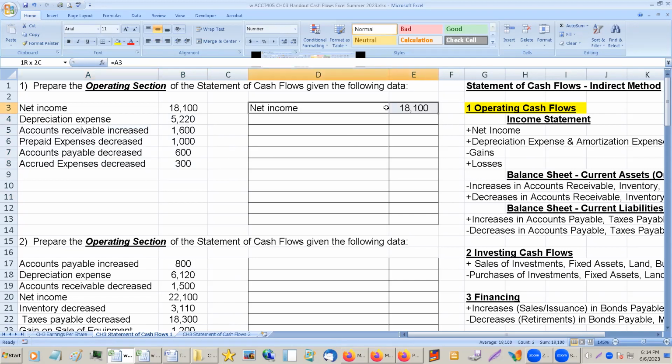Now, depreciation expense. This is going to sound strange. Normally, when you think of an expense, you think it's negative, right? It's money going out.